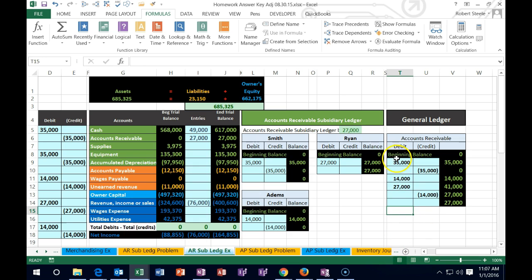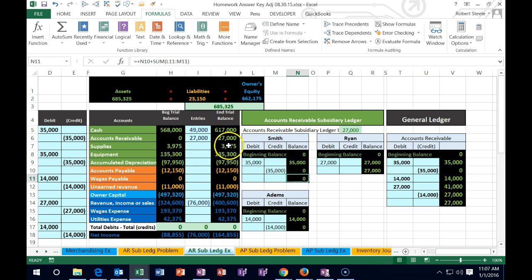The other way we can think about it is, of course, the debits add up to a total of 76,000 minus the credits, which add up to the 49,000. If you subtract those two out, you get the 27,000. So that's how the activity will work in the GL. That same activity is a little bit more difficult to see in the subsidiary ledger because it is, of course, broken out in a bit more detail by customer.